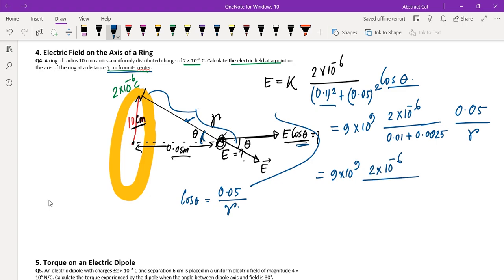If I add these two, okay, 0.05 times 0.05, I add these two, we get 0.0100 and 0.0025, and we get 0.0125.